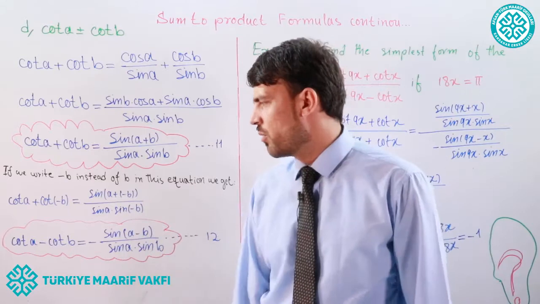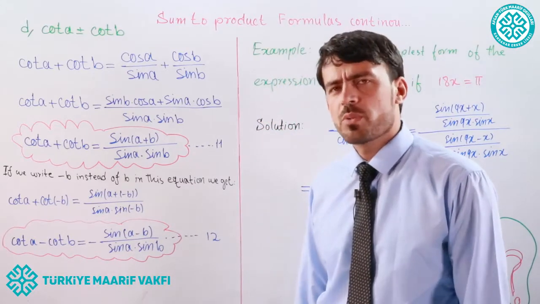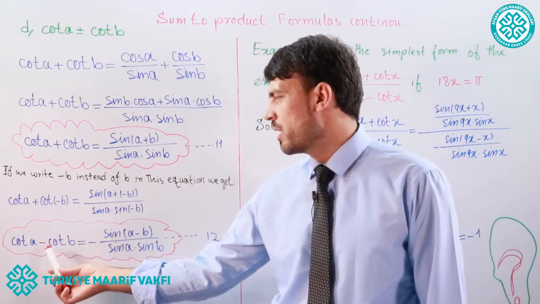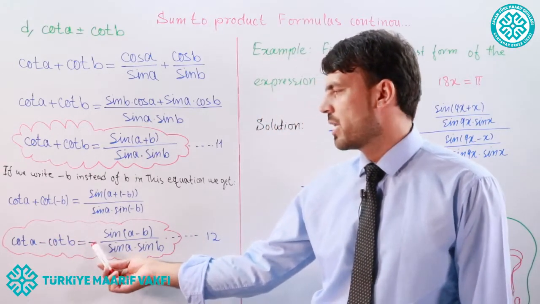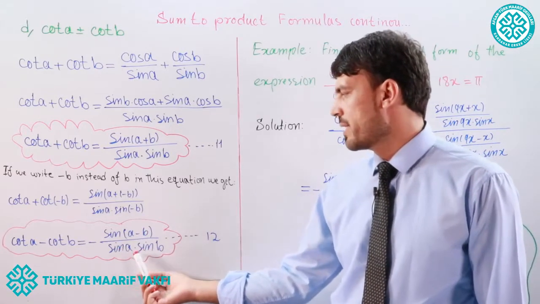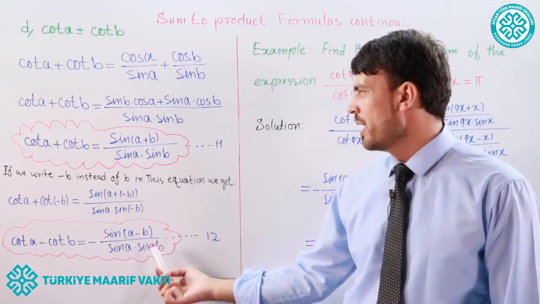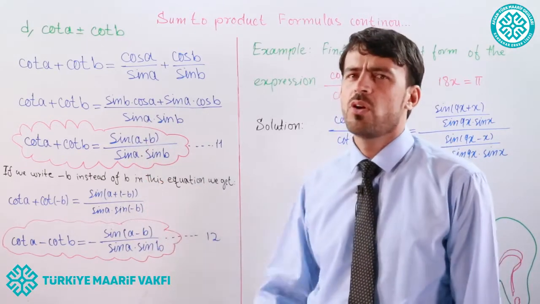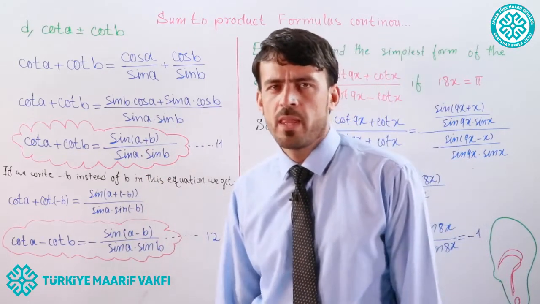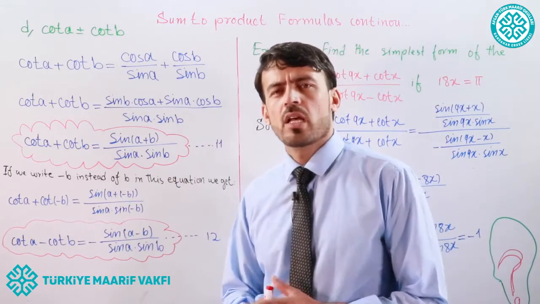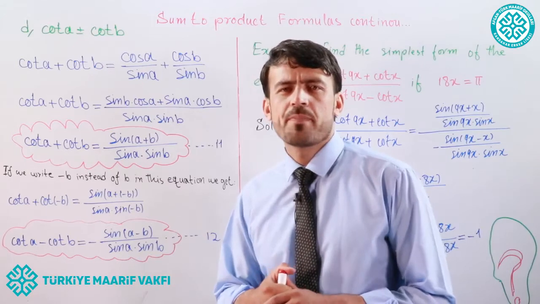So the second form of the sum to product formula for the cotangent function is cotangent A minus cotangent B equal to minus sine A minus B over sine A sine B. Only a single sign is the difference between these two forms of the formula. So these were the last two formulas of sum to product formulas.